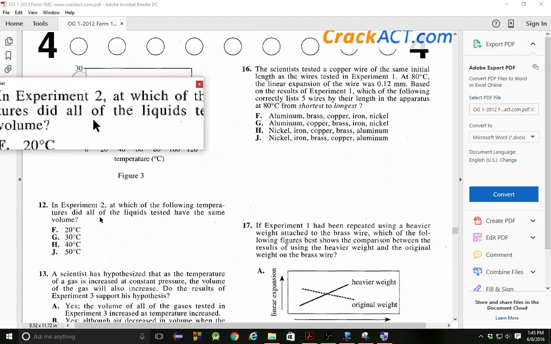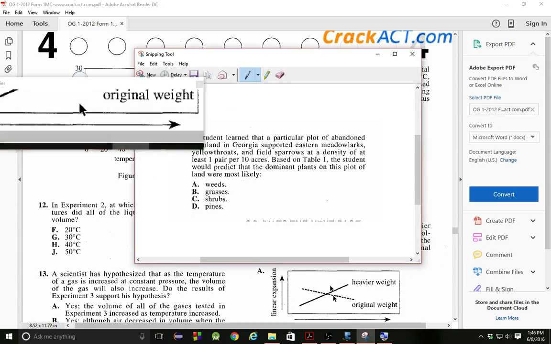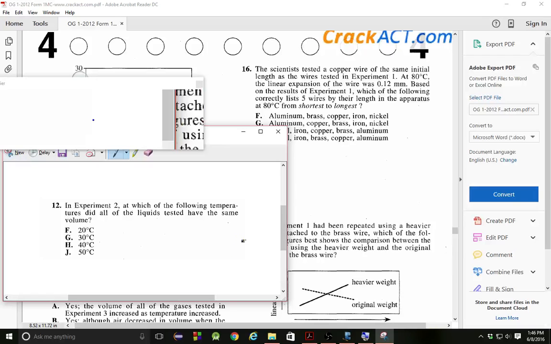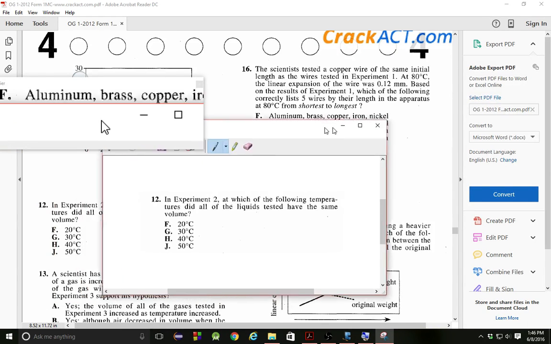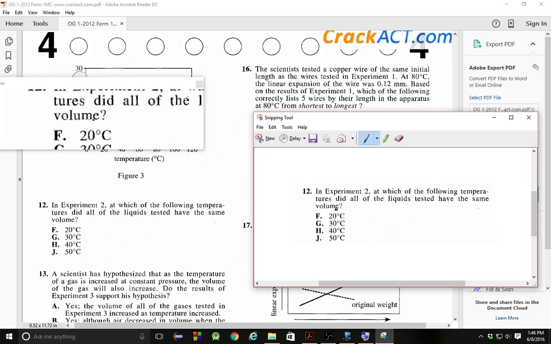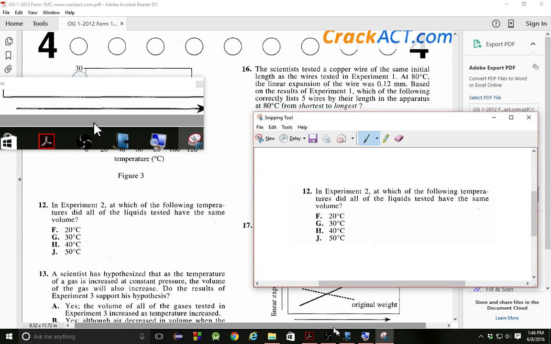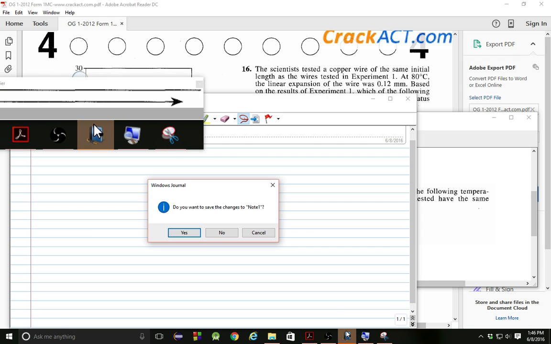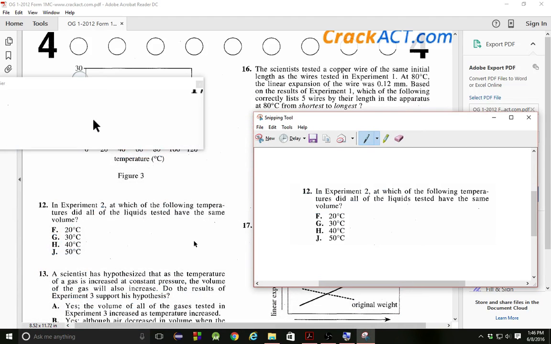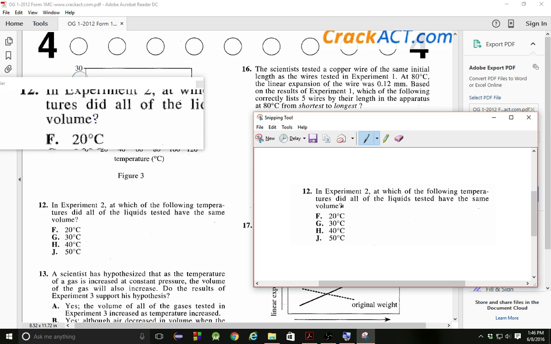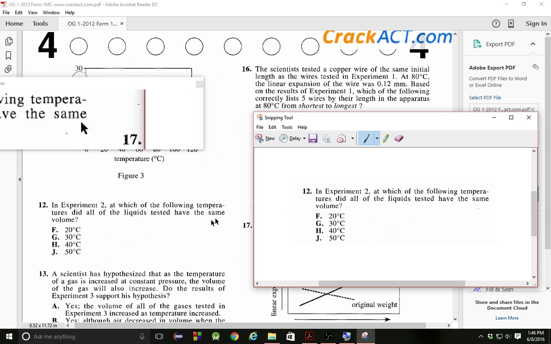In Experiment 2, so number 12. In Experiment 2, at which of the following temperatures did all of the liquids tested have the same volume?